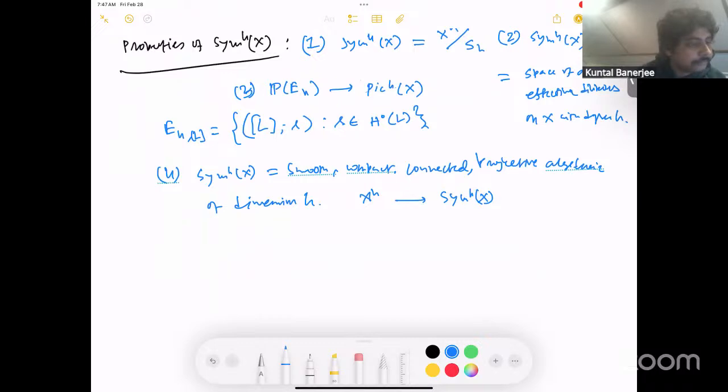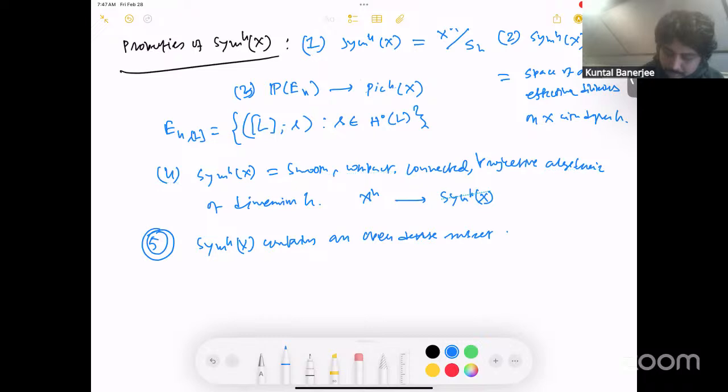And very vital, Sym^H X contains an open dense subset of distinct components.